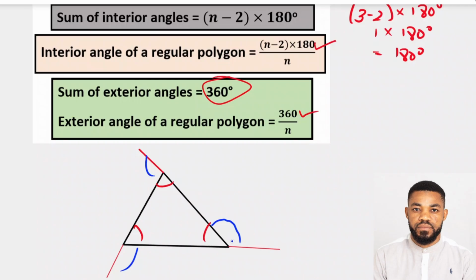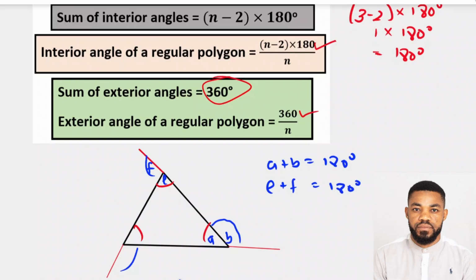Anytime we take an exterior angle and its corresponding interior angle, you can see that they form angles on a straight line. So assuming this angle is A and that of here is B, you can say that A plus B is equal to 180 degrees. The reason is that they are angles on a straight line. If here is, let's say, E and here is F, we can say that E plus F is equal to 180 degrees.